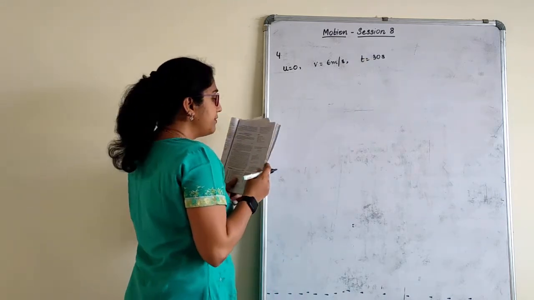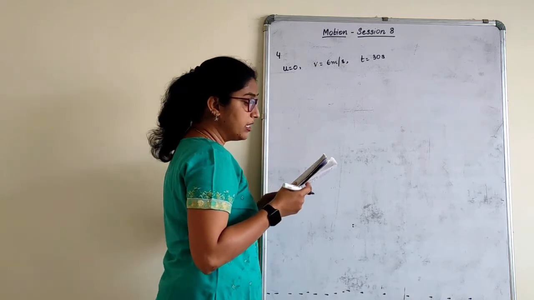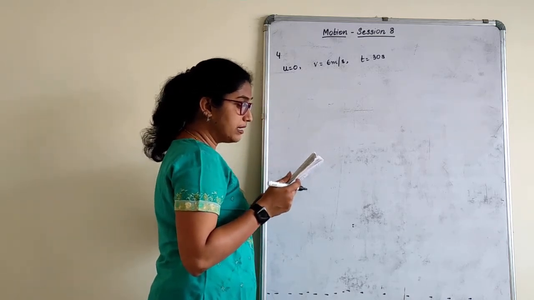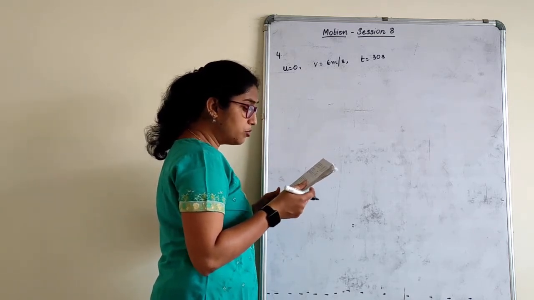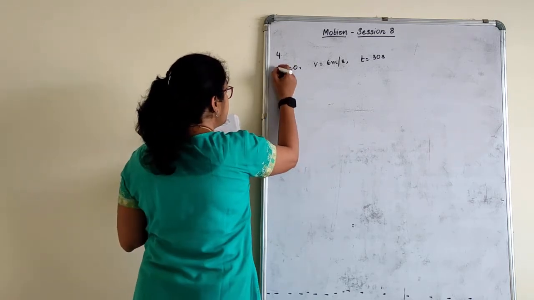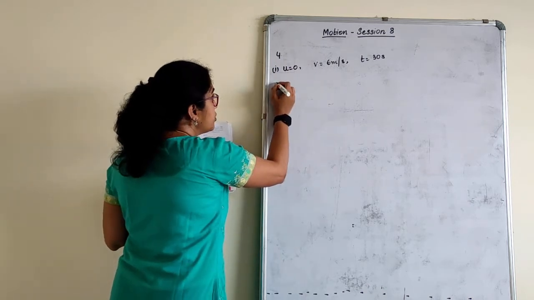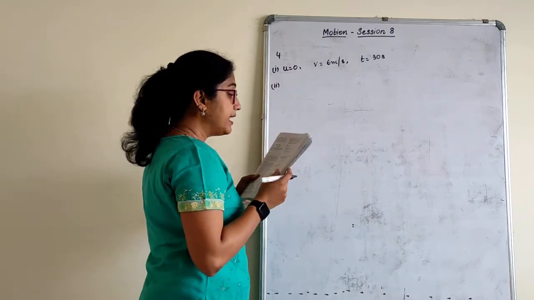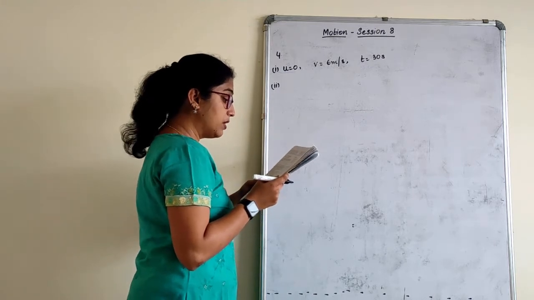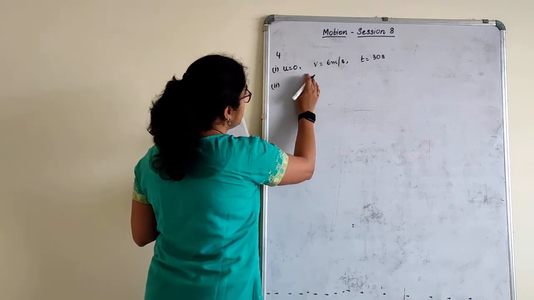It's not directly given here. Then he applies brakes such that velocity of the bicycle comes down to 4 meters per second in the next 5 seconds. This is first part of the question. Second part of the question, what they are telling here is, then he applies brake. Now, then he applies brake in the sense here, this is case 1.